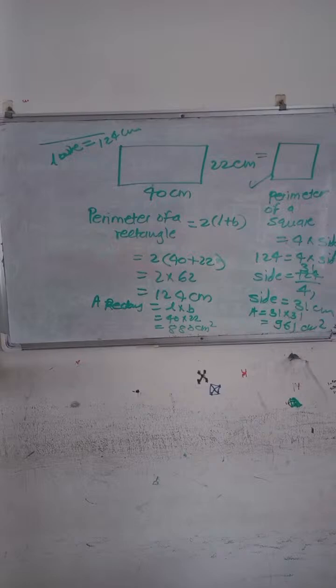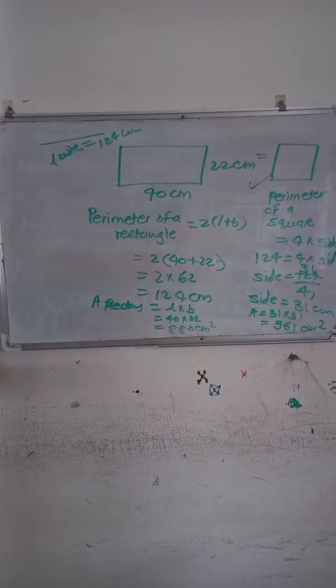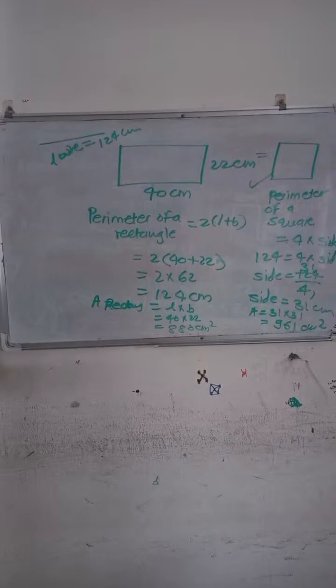So what we have to do first is calculate the marble tile area. Then you have to calculate the wall area. Then you can divide that, so you will get the number of tiles required, and once you get the tiles required, then that is multiplied by 2, then you will get the total cost.